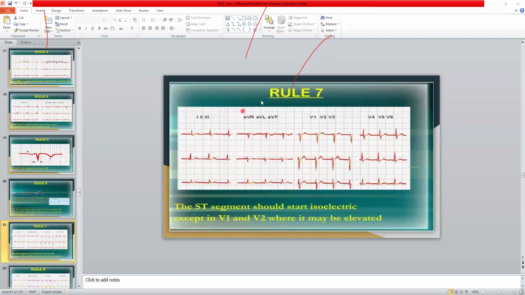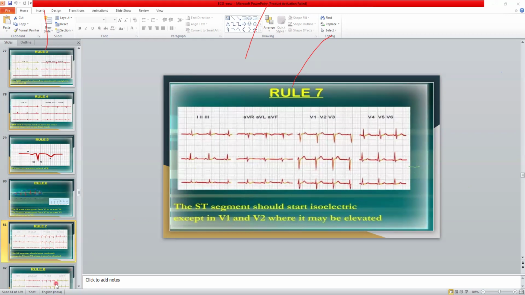So, whenever the ST segment is elevated in the leads V1 and V2, there won't be any problem. That doesn't denote an abnormal ST segment. It is a normal feature of ST segment elevation in V1 and V2.